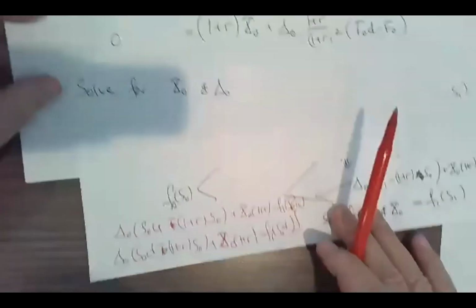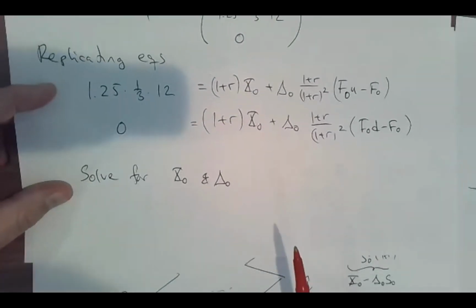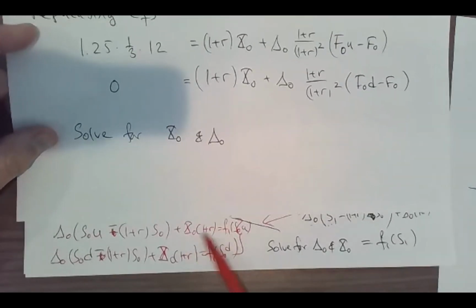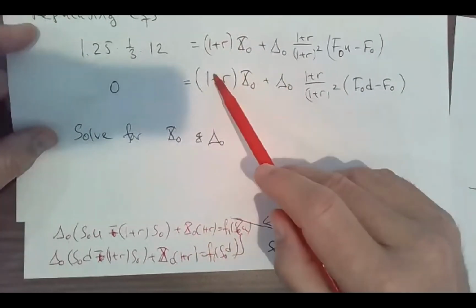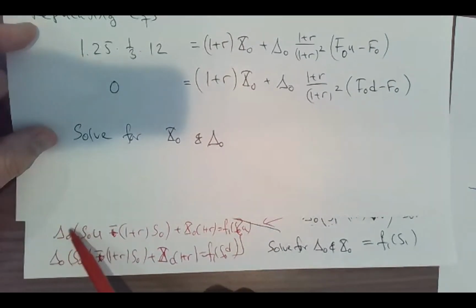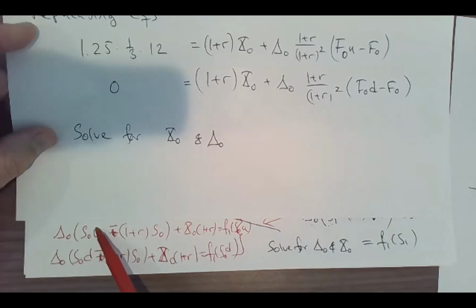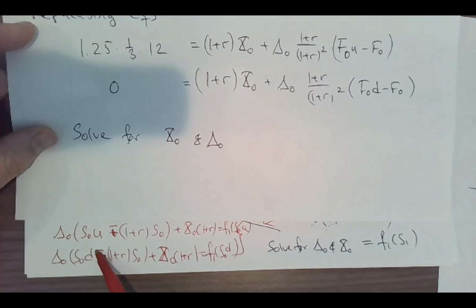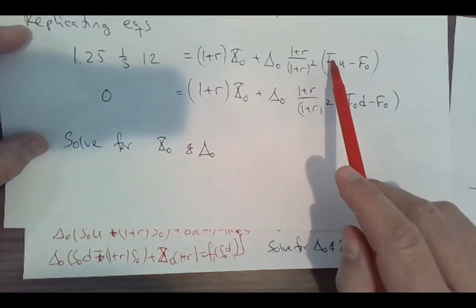And so you can see they're quite similar. You have your x0 times 1 plus R in both of them. What differs is what you have over here with the delta 0. This differs because you don't have equity. Equity says that the stock price at time 1 is equal to the previous stock price times the outcome of the coin flip, so U and D. That's not the case when the underlying is forwards.